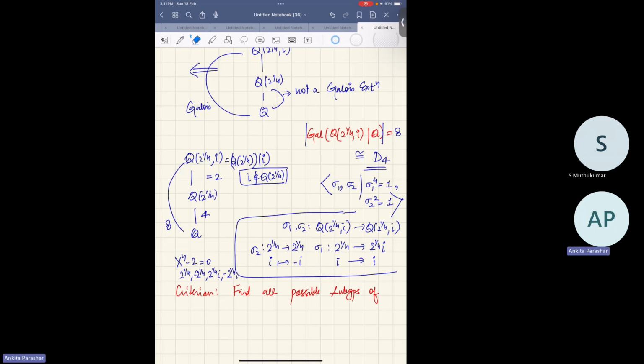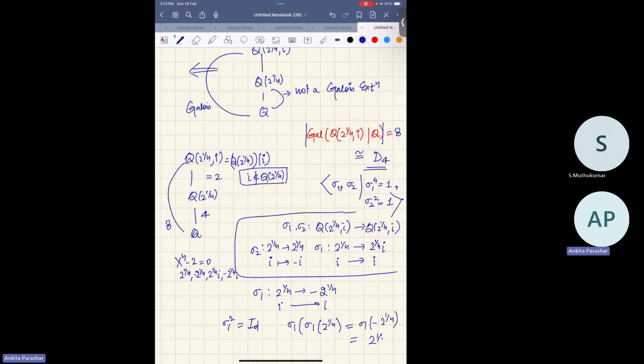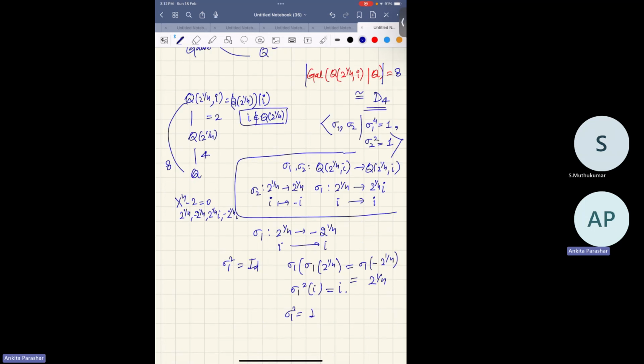So if I take, maybe I'll just repeat, if I take sigma 1 to be 2^(1/4) going to minus this, i going to i, then the order of sigma 1 is 2. Because if you apply sigma 1 again to sigma 1 of 2^(1/4), it is minus of this, but you again apply minus, you'll get this. However, sigma 1 squared keeps i constant. So sigma 1 squared is identity.